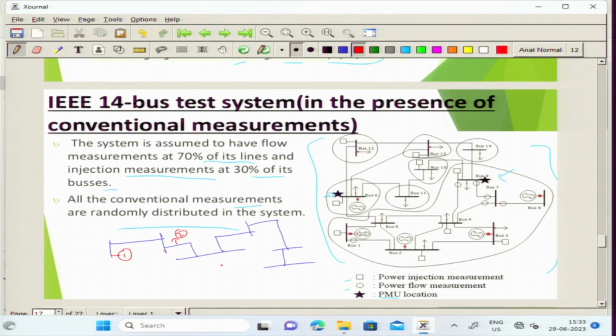Let us consider this to be another bus here. So there is a PMU placed at bus number 1 and another bus here.